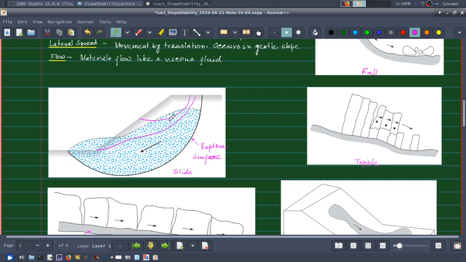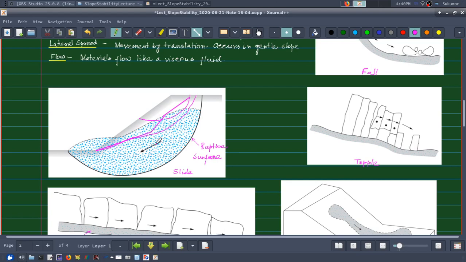Usually we assume it to be circular for ease of analysis, but we may have different planar failure surfaces also. There is one method, Newmark's wedge failure method, where we assume that the failure surface can be made up of different planes, somewhat like this.